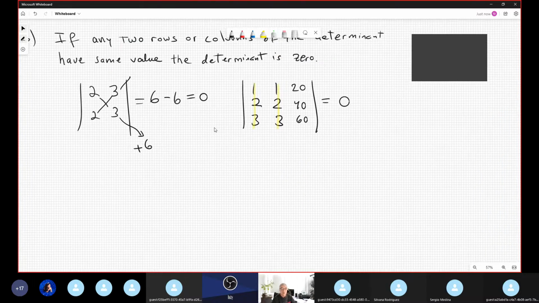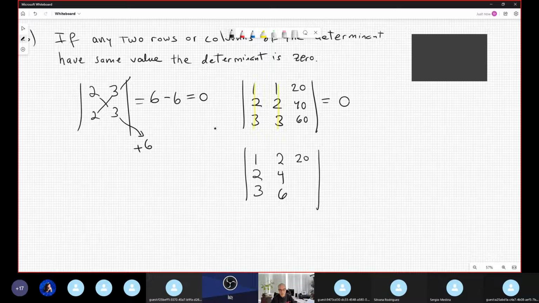Suppose we have this determinant where you have 1, 2, 3, and here you have 2, 4, 6, and here another value that is not important. You detect that these are not equal but proportional, and the answer is also 0.